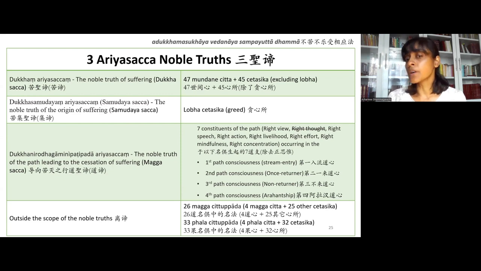And because samma sankappa is not found in the 5th jhana, we get only 7 path factors. And that is why in the previous slide, we mentioned only 7 path factors. And outside the scope of the Noble Truths, we get 26 Magga Chittuppada and 33 Phala Chittuppada. We will talk about this further in the next couple of slides.